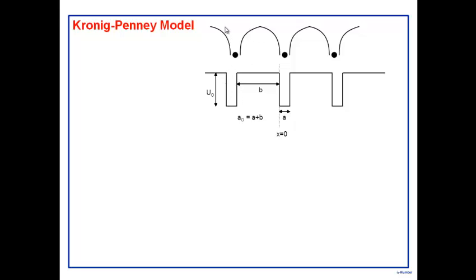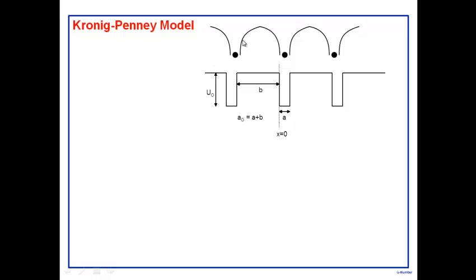Note that there is a well over here, and then there is a barrier part. The electron sees a barrier here. As a general problem, one can take the well width as a and the barrier width as b. And therefore, what one has to do now is solve for this particular lattice.